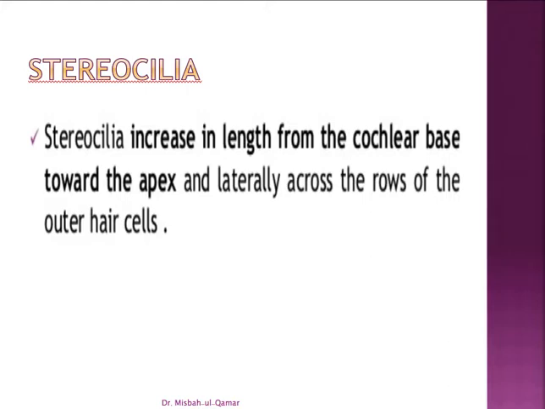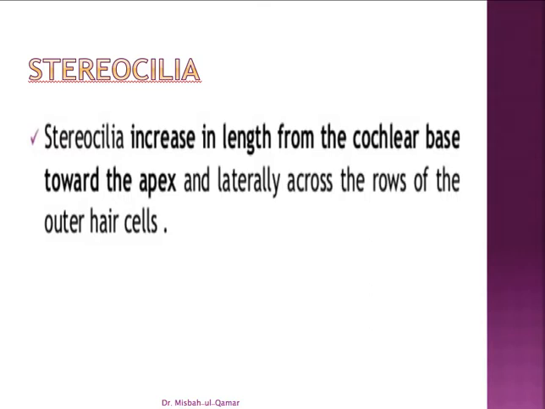The more important thing is that there are lateral crosslinks between the stereocilia, which attach the stereocilia to one another, right? So this is how these stereocilia are connected to each other because of the lateral crosslinks.